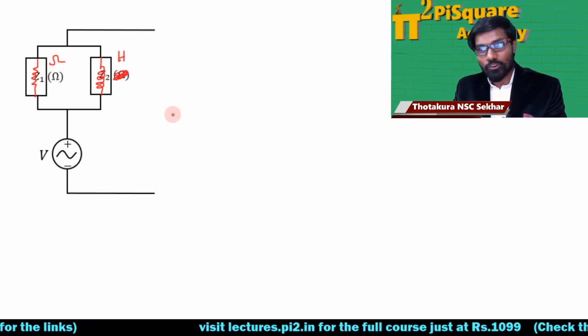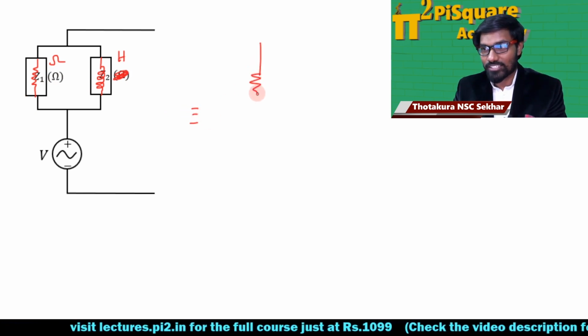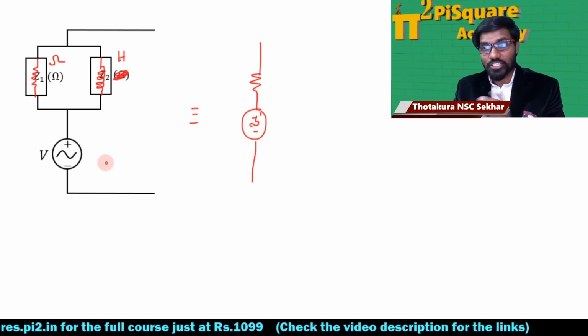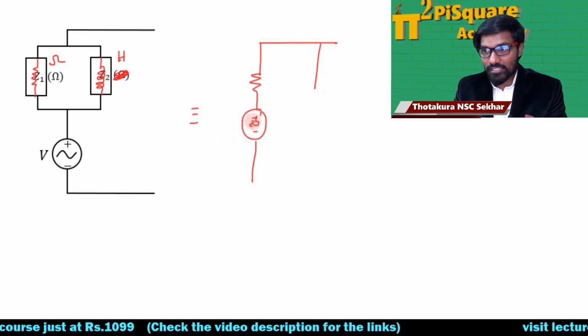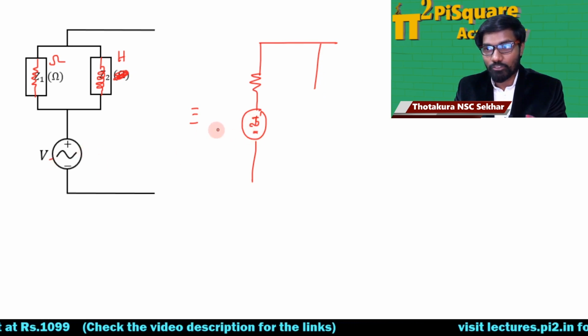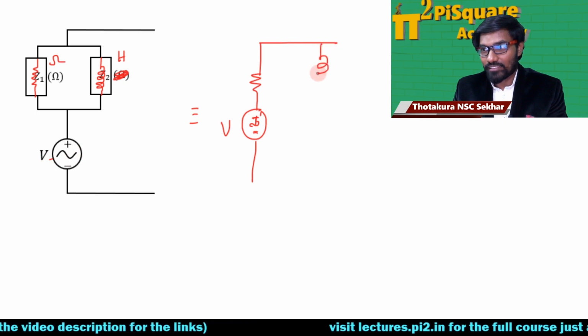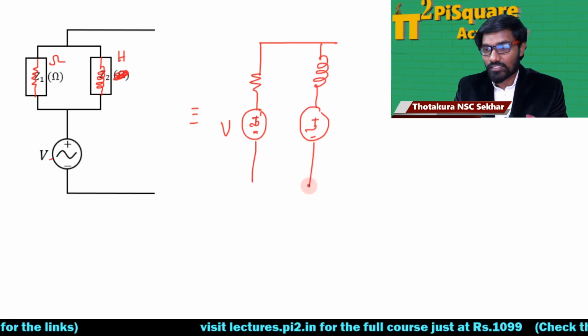In that case, can you go for source transformation? Yes, in this way you can still do it. Plus minus, I'm not changing to a current source, I'm putting it first into a voltage source as it is. This is also a voltage source with the same value V, and here we have the inductor and again a voltage source.